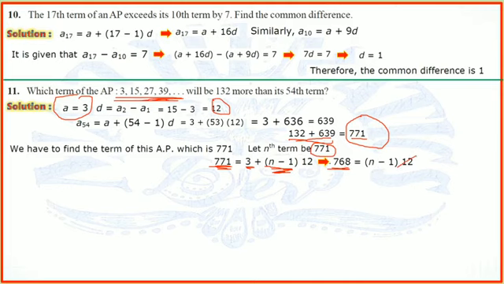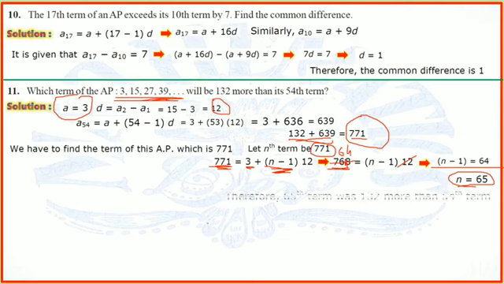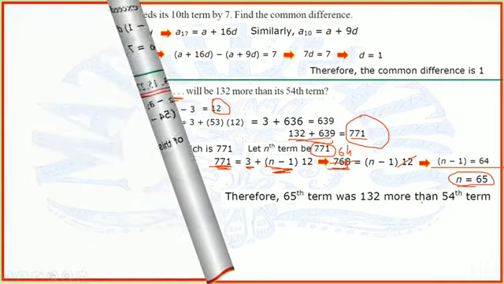So 12 will cancel with this: 12 6s are 72, then carry 4, 12 4s are 48. n minus 1 is equal to 64. Now n is equal to 65. That is the position of the term. That means the 65th term of this AP is 132 more than its 54th term. So that's all about question number 11.